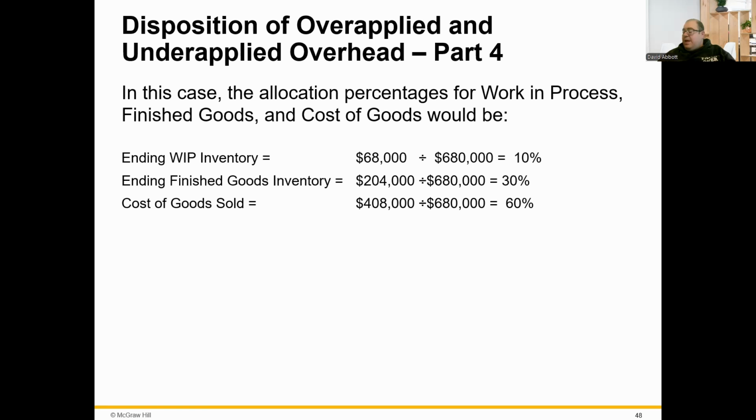And so in this case, the allocation percentages for work in progress, finished goods, and cost of goods sold would be 10%, 30%, and 60%. And so the allocation would be 3,000 to work in progress, 9,000 to finished goods, and 18,000 to cost of goods sold. And that's done in proportion.